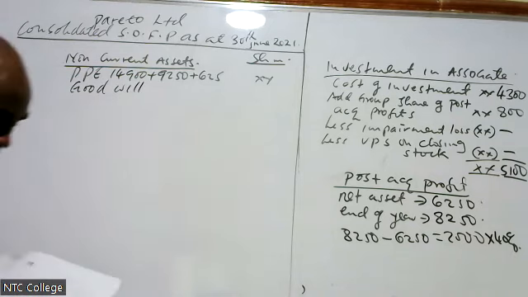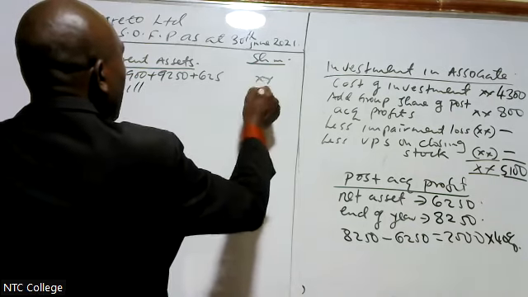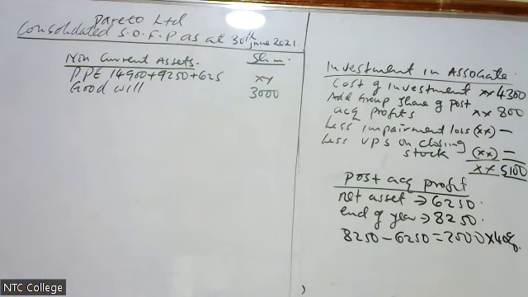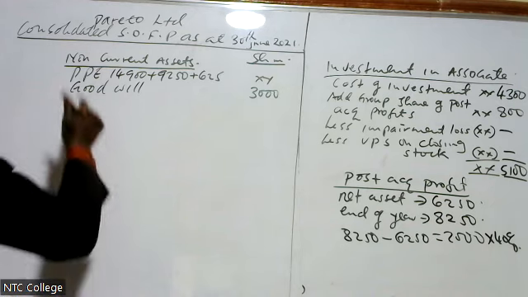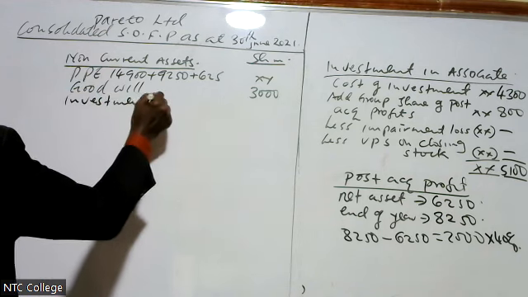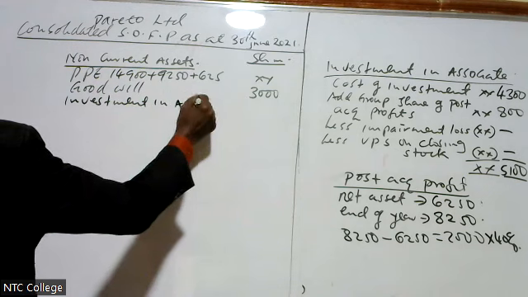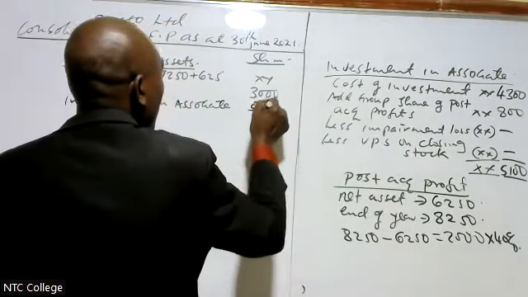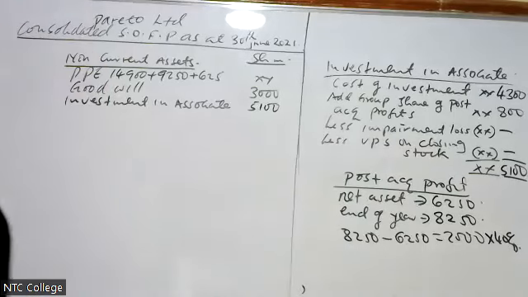Then I come to goodwill. Goodwill in Pamba Limited was 3,000. Forget about DAF Limited. DAF was disposed of. Pamba Limited, 3,000. Then investment in associate, we have 51.